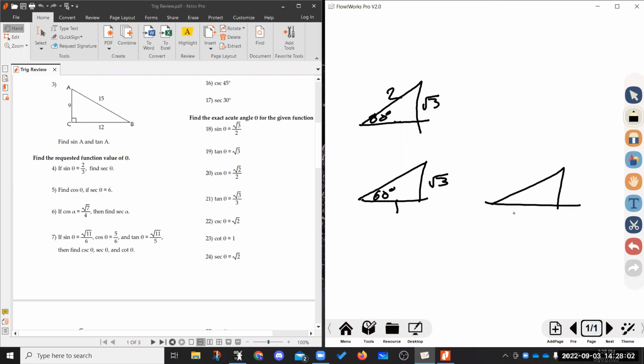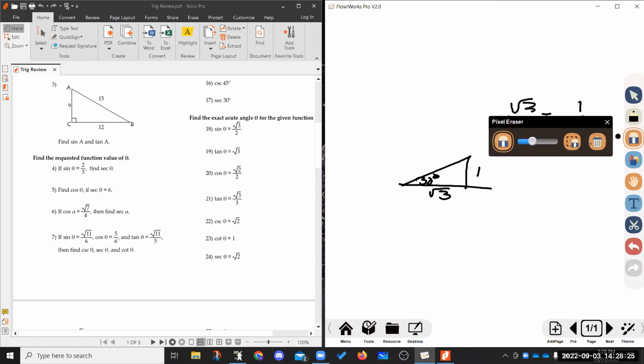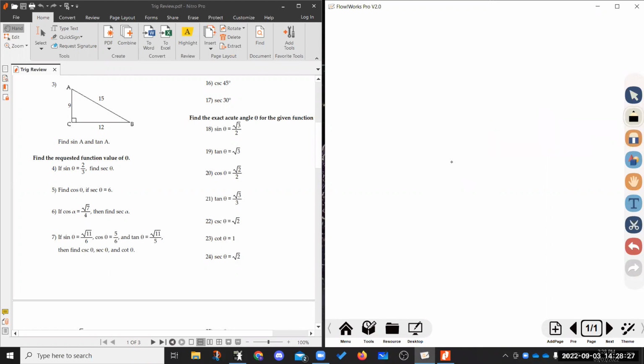Cosine is √2/2. That's the same as 1/√2. Cosine, that's 45 degrees. Tangent is √3/3. It's the same thing as 1/√3. So tangent is 1/√3. That's going to be a 30-degree angle. Cosecant is √2, which means that sine is 1/√2.